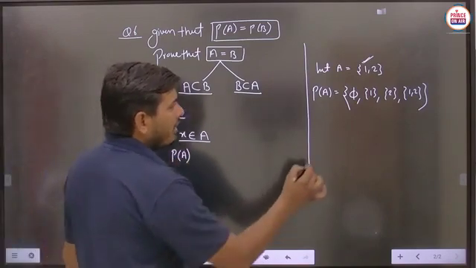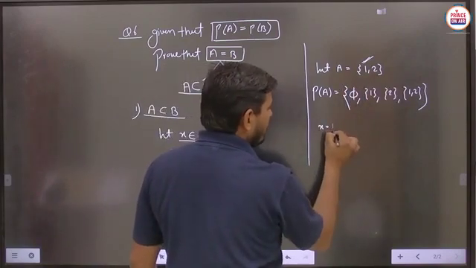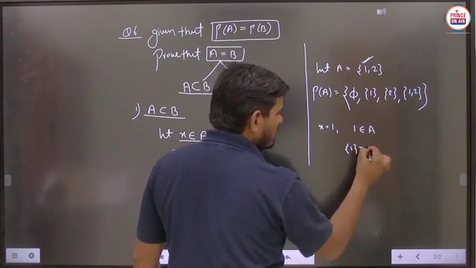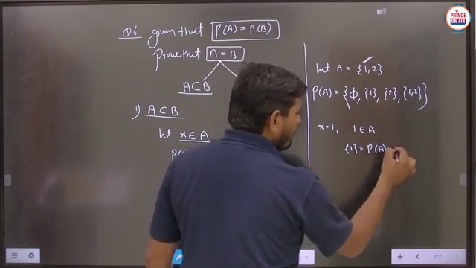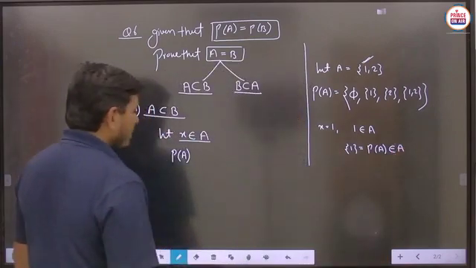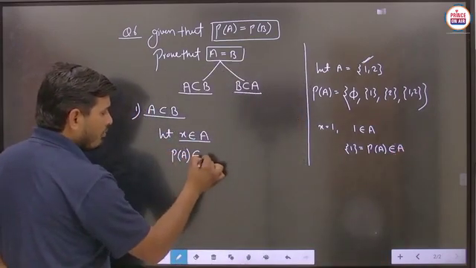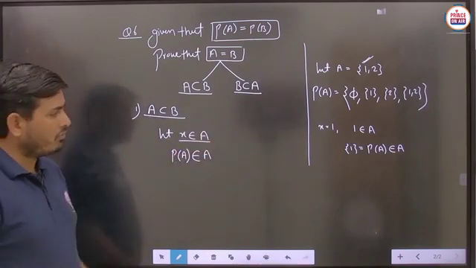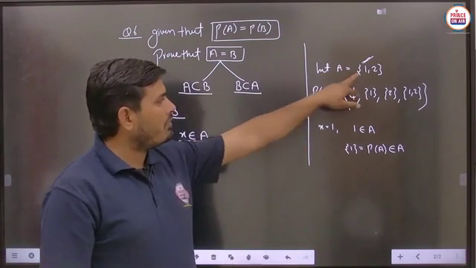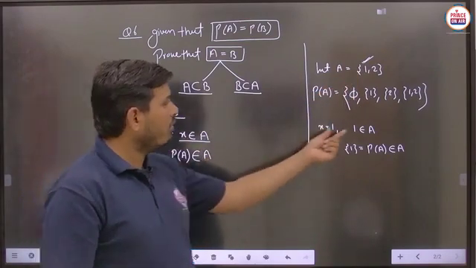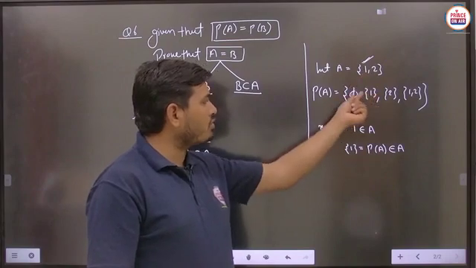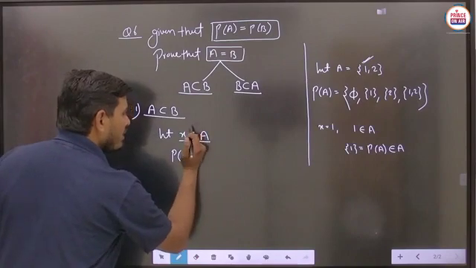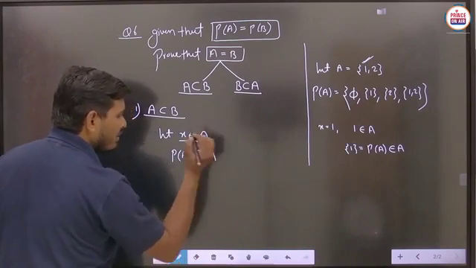If we take x equals 1, so 1 belongs to set A, then this is known as an element of the power set of A, and the power set of A is a subset of A. You can see this example so that it becomes clear. For example, taking this element 1, you can say that this is available in the power set, so this power set is found to be a subset of A. Is it clear?